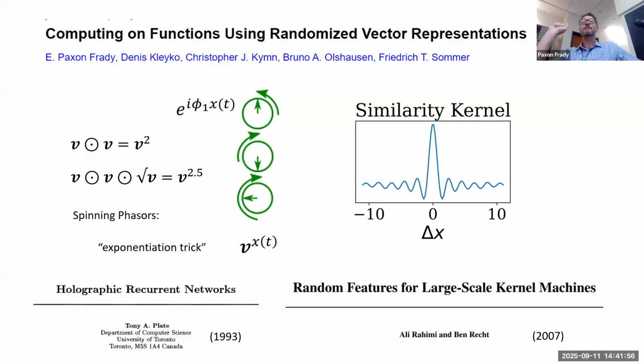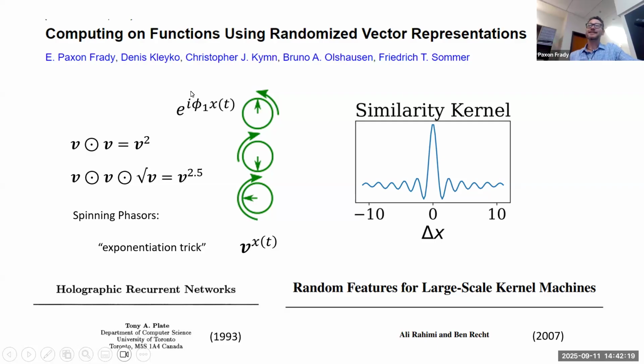The binding operation is still just to multiply element-wise, so you're multiplying these phasors, and the phase spins. If you do the same thing times itself, you can think of it as v squared. And in complex numbers, you can actually put a fractional power in this exponent.